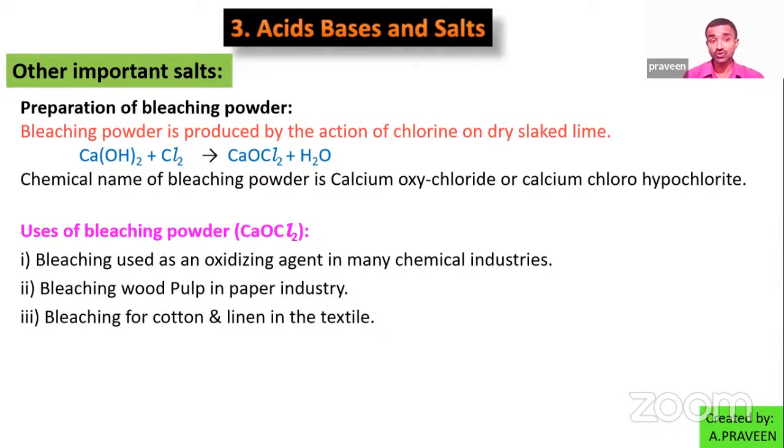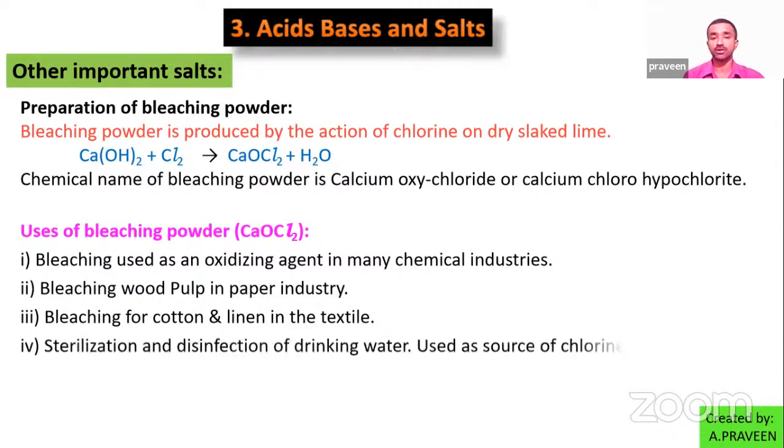This is also used for purification, that means supplying chlorine, disinfecting, or sterilization of water. So bleaching powder helps to disinfect the water. As a source of chlorine, we are using this bleaching powder.